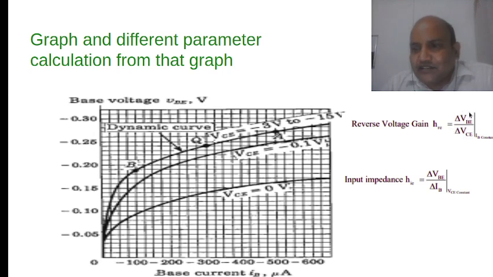So this is a unitless quantity and its value is 0.02, means something. I am not calculating correctly. So the moral of the story is that this value, HRE value, is very small, and you can get this from the graph, means from the table which is given for a particular transistor.